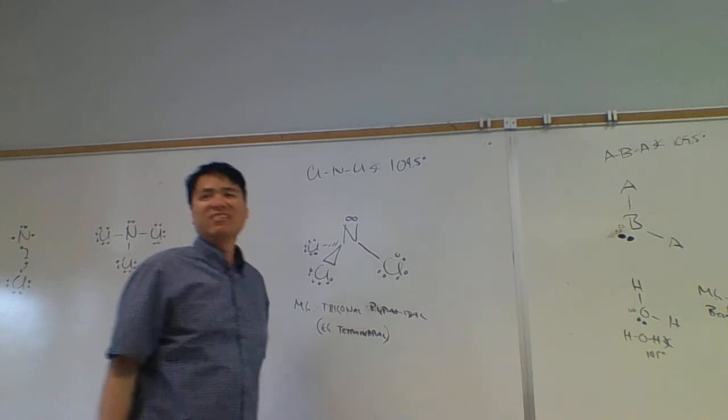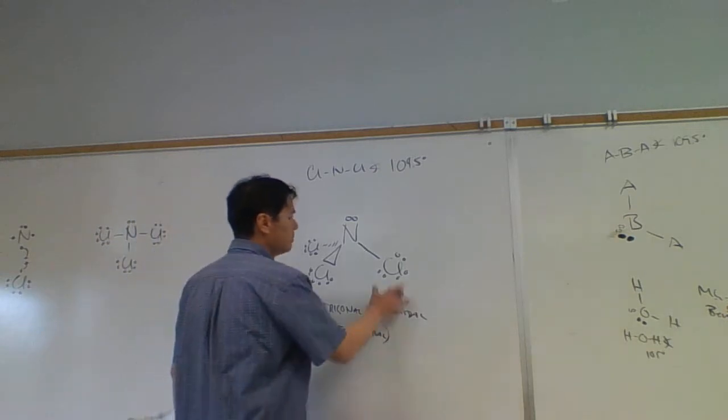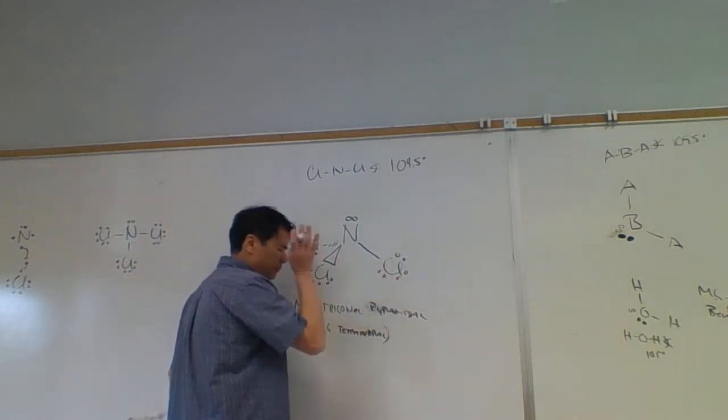What do you think? Is it going to be distorted? Yes, it's going to be distorted because there's a big balloon there. The big balloon is the lone pair. It's going to compress the other three chlorines down. Chlorine's a bigger atom, but we don't factor that in.